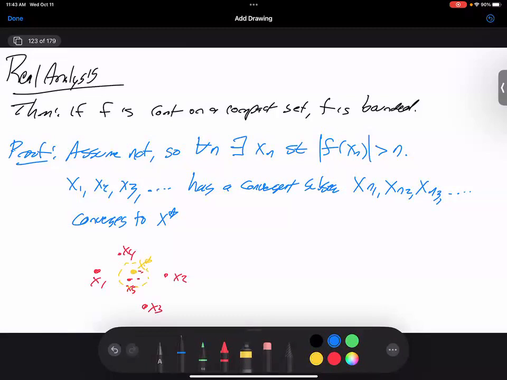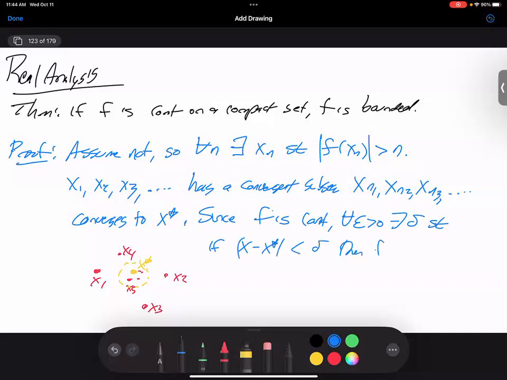So since f is continuous, for all epsilon greater than 0, there exists a delta such that if the absolute value of x minus x star is less than delta, then the absolute value of f of x minus f of x star is less than epsilon.